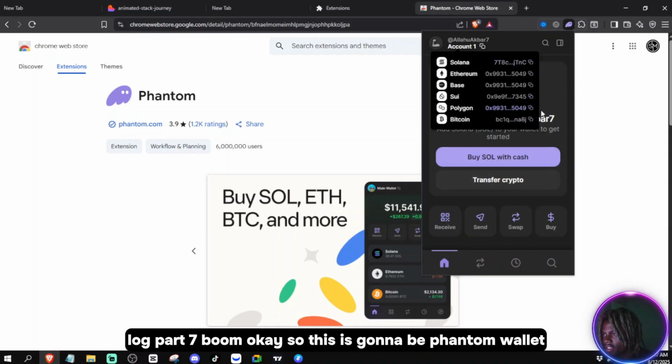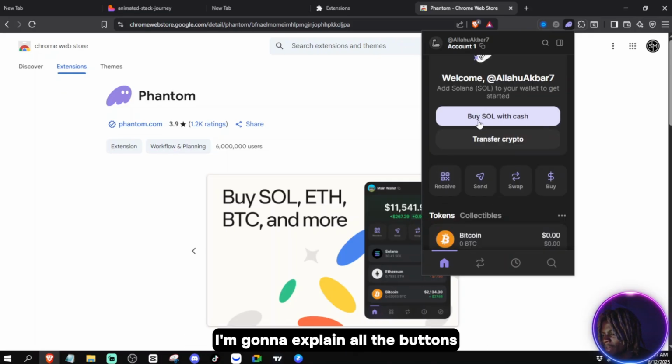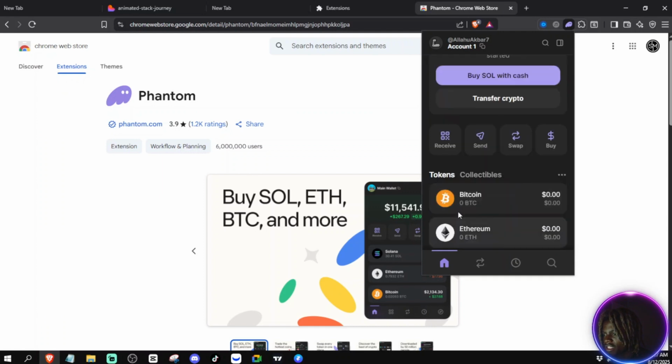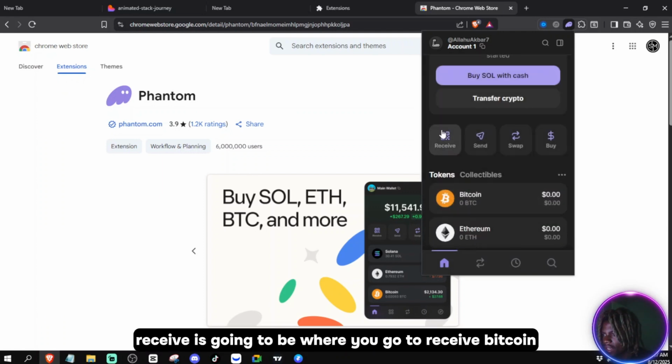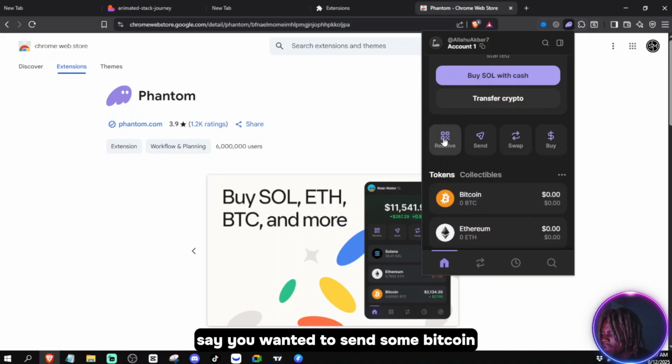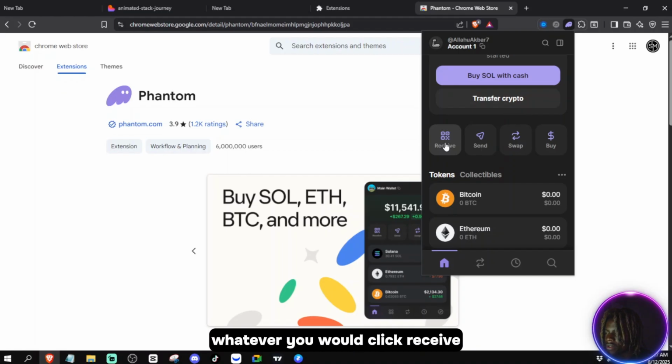So this is going to be Phantom Wallet. Let me explain everything. On whatever crypto wallet you guys see, let me explain all the buttons. Receive. Receive is where you go to receive Bitcoin. Say you wanted to send some Bitcoin from one wallet to another, from Coinbase to your Phantom, from Kraken to your Phantom, or something like that. You would click receive.